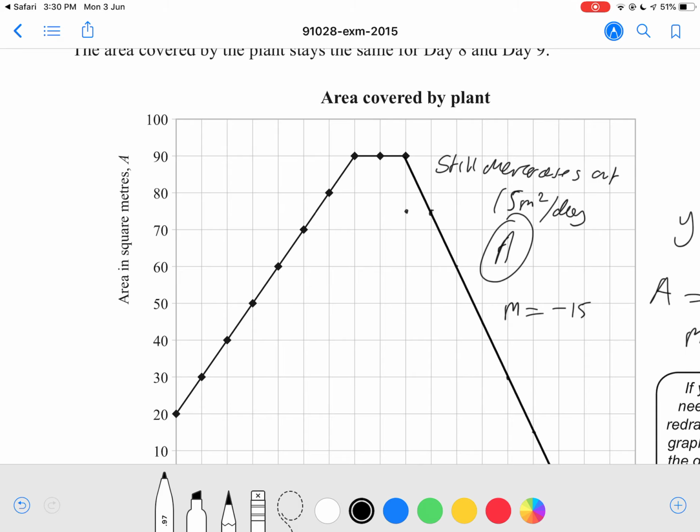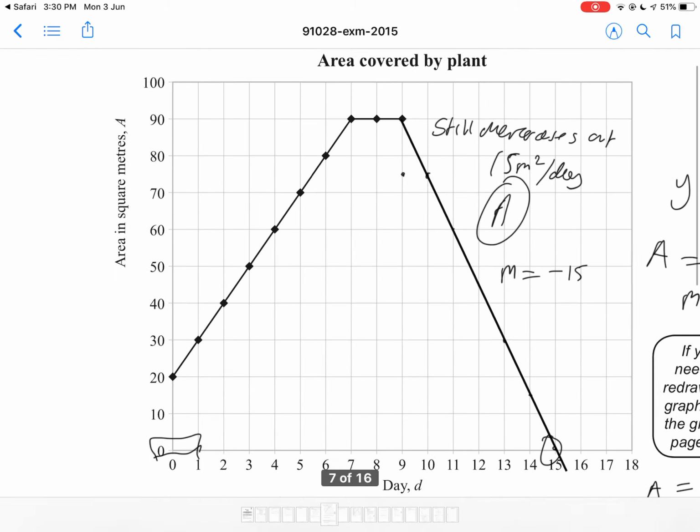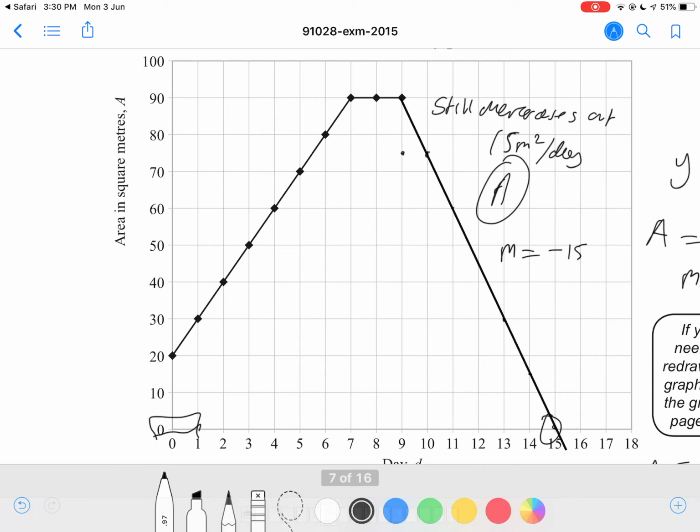So we're going to draw and plot back the graph. On day 9, if we draw the graph back, 1 day, 2 days, 3 days, 4 days, 5 days, 6, 7, 8, 9. So go back 9 days. As of right now, it's 75, but we're going to find out what is the area covered by the plant on day 0.